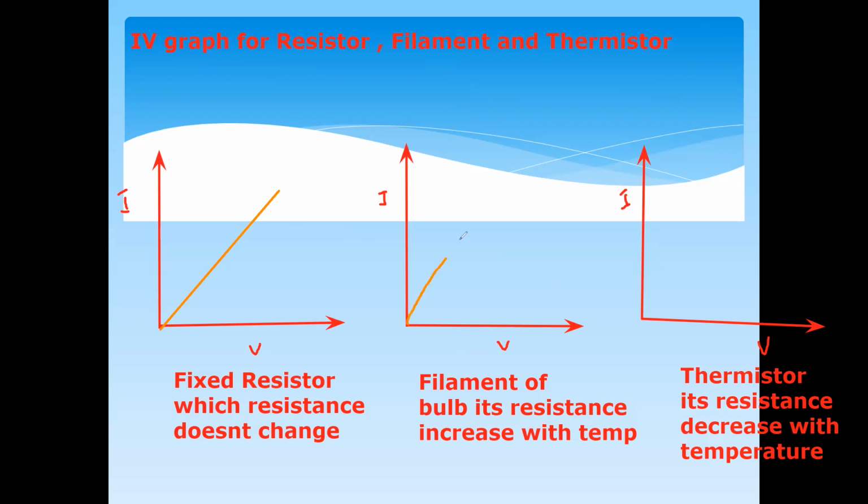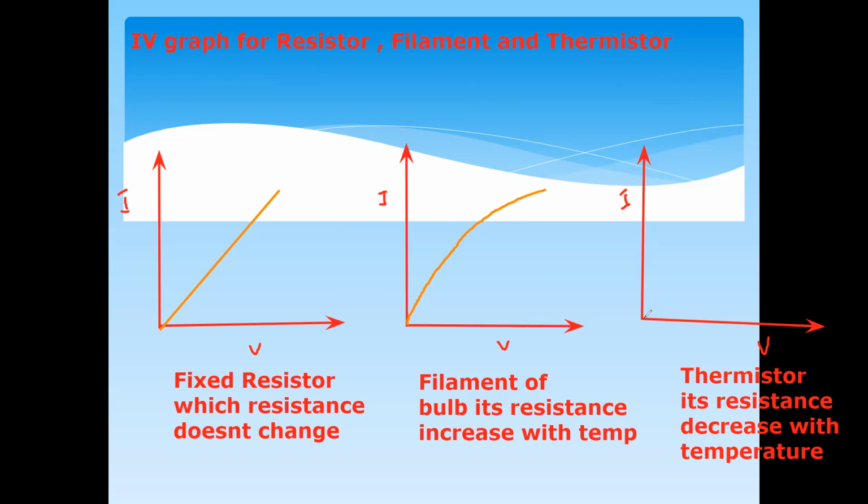So it will be like this. Initially the current was increasing much faster, but with time, as the temperature increases, the resistance increases. So the current is increasing, but the rate of increase of the current is decreasing.